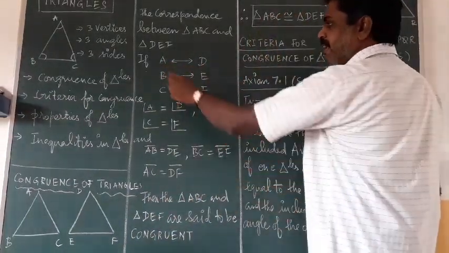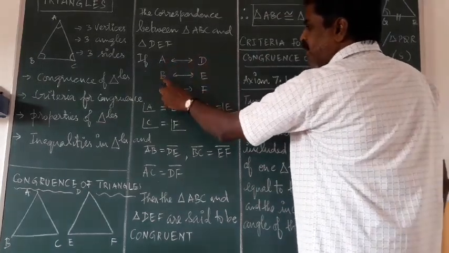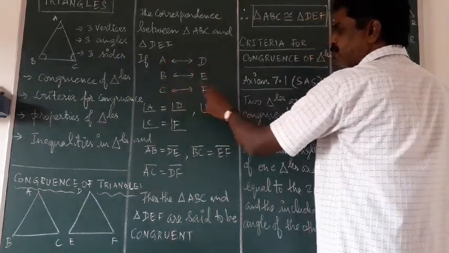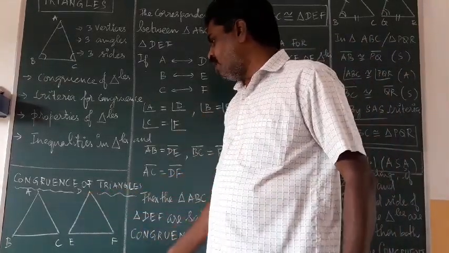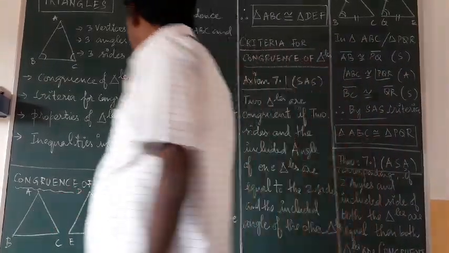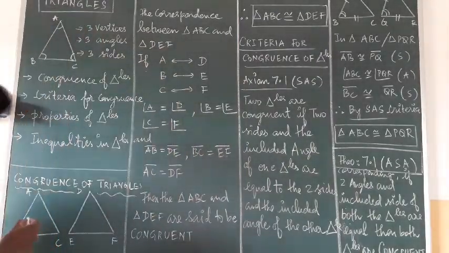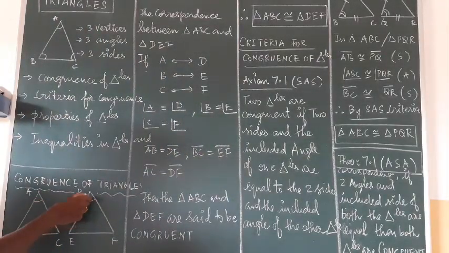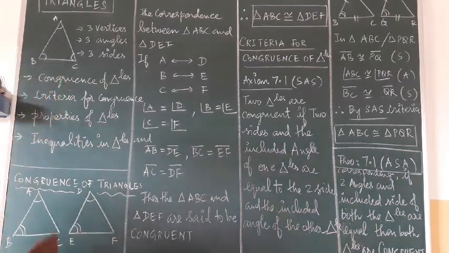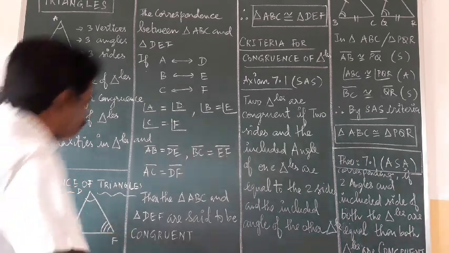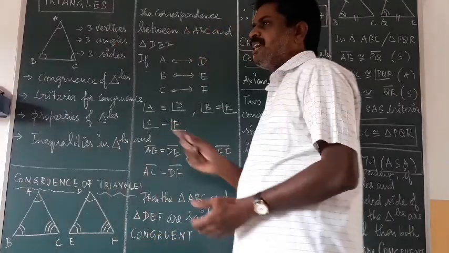As in the lower classes, A corresponds to D, B corresponds to E, and C corresponds to F. And the next congruency rule: angle A should be equal to angle D. One condition. Angle B should be equal to angle E. Second condition. Angle C will be equal to angle F. So these three conditions: the angles should be congruent.